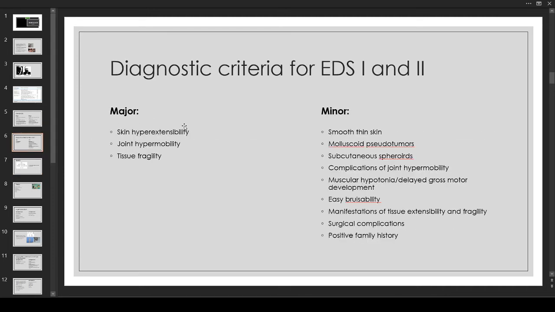And in these kinds of diseases, there are always diagnostic criteria, major and minor. And the major in the first 2 are skin hyperextensibility, joint hypermobility, and tissue fragility. And the minor are going to be smooth and thin skin, muscular pseudotumors.